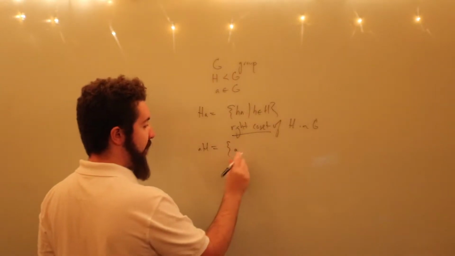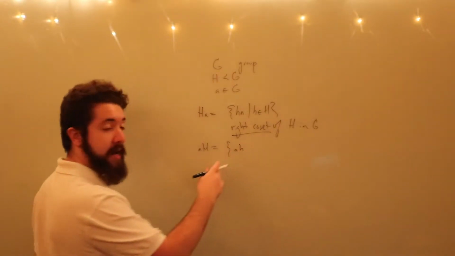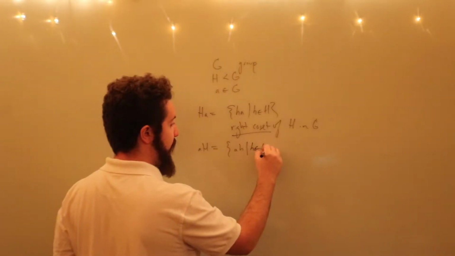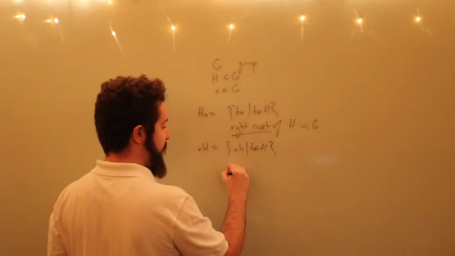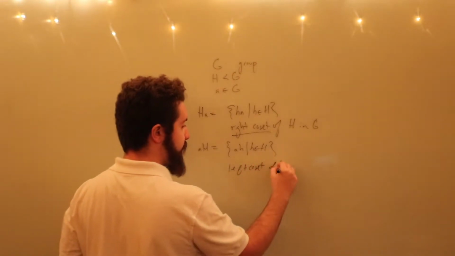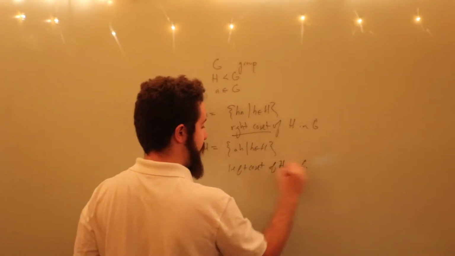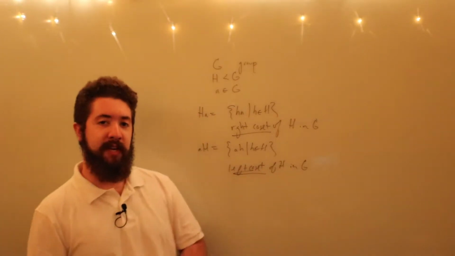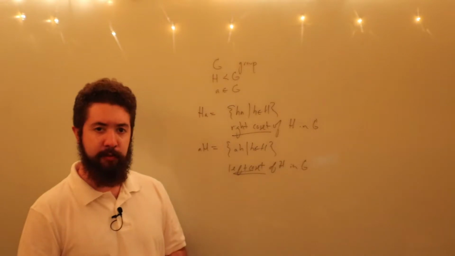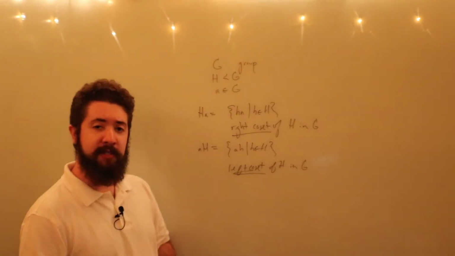We take the element A and multiply on the right by every possible element in the subgroup H, and this gives us the left coset of H in G. Or once again, it is a left coset of H in G, as we may get different cosets, and generally we do, for different elements A in the group G.